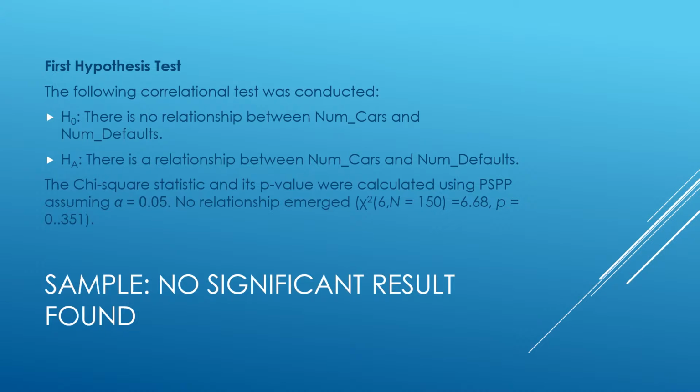The degrees of freedom was 6 out of 150 cases, and the chi-square equaled 6.68 with a p-value of 0.351. And so Cramer's V showed a very weak result, so there was no significant result found.